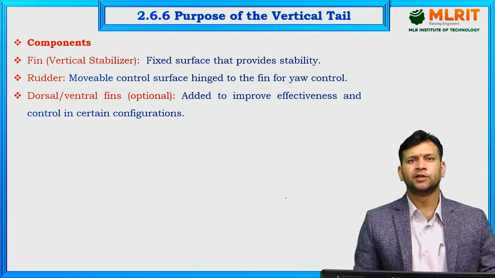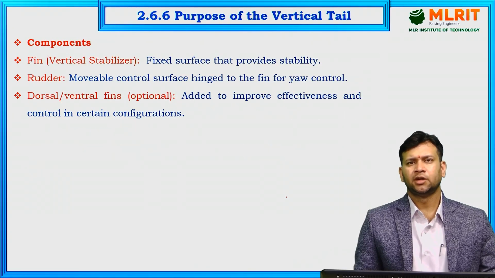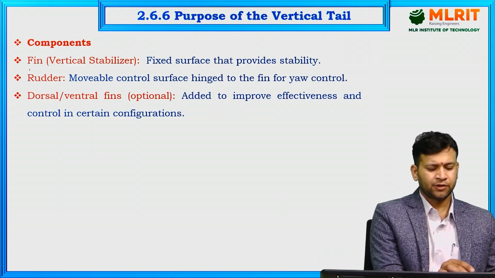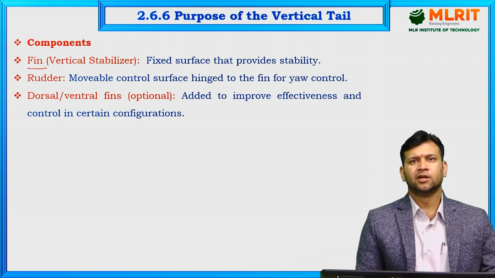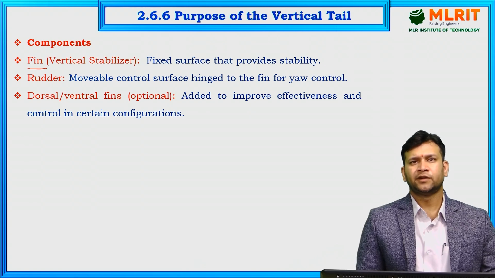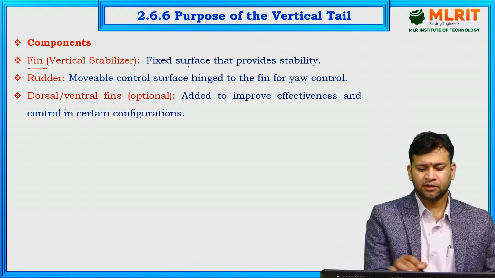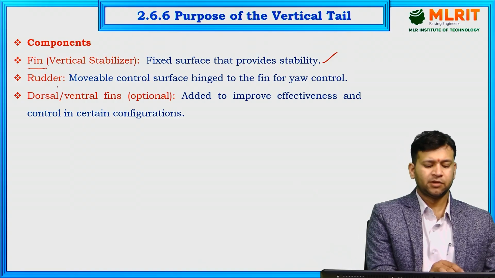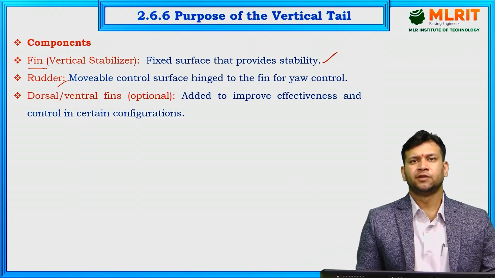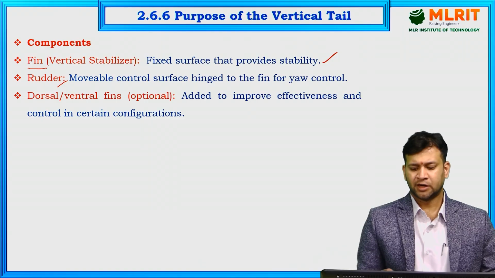The major components which contribute in vertical tail design: first one, fin. It's a vertical stabilizer. It is a fixed surface that provides stability. The second component is the rudder, which is a movable control surface hinged to the fin for yaw control.